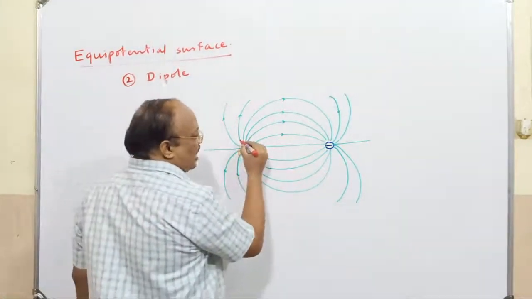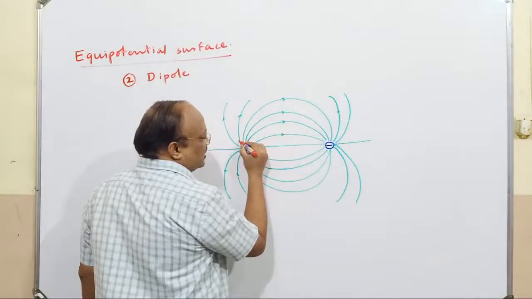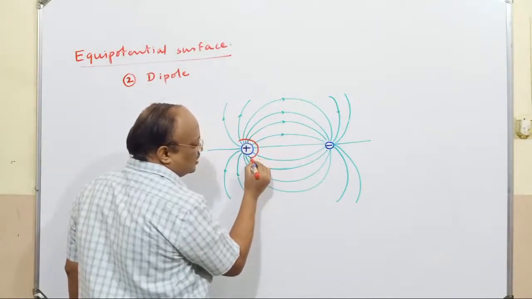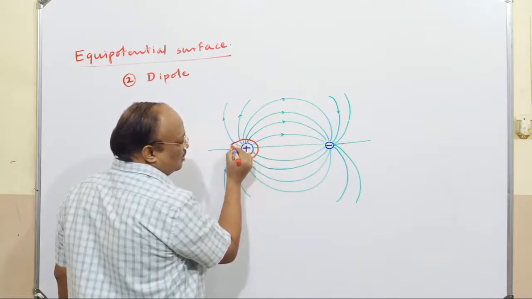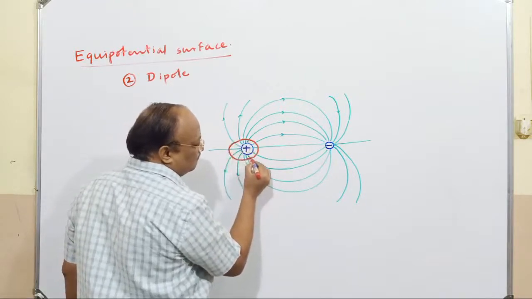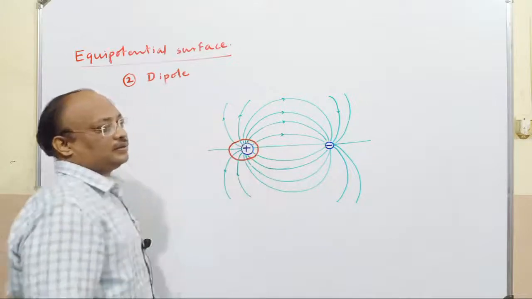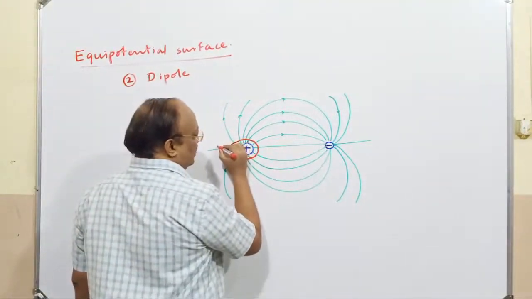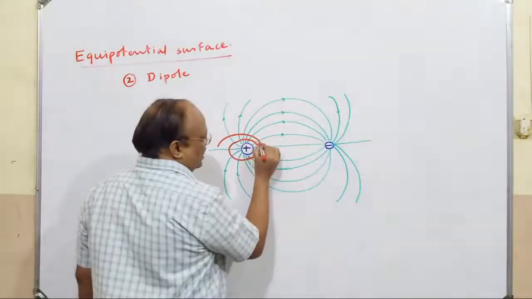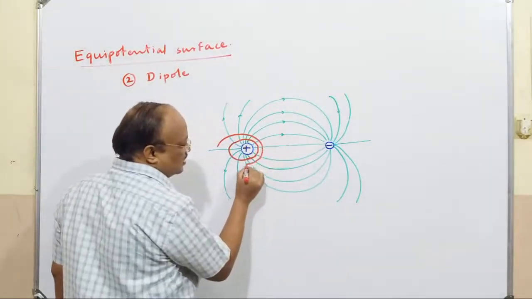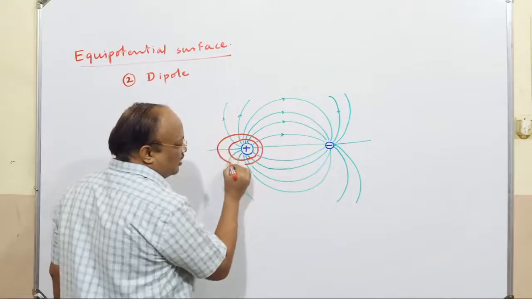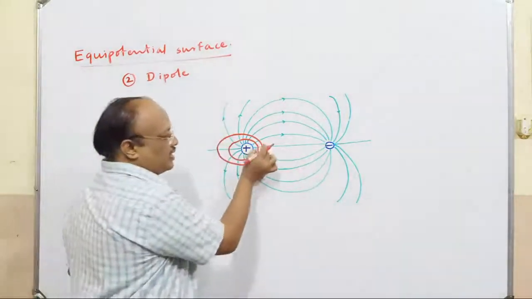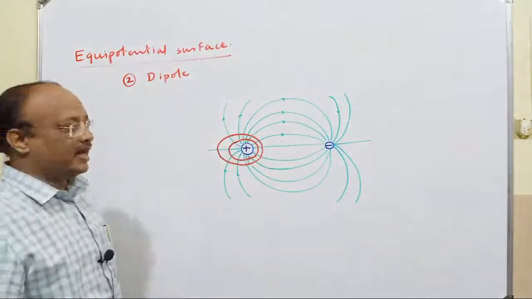So how will our equipotential surface be then? Our equipotential surface is somewhat like this. So this side, the spacing increases. You can see here, the spacing is increasing this side, whereas the spacing is less here.